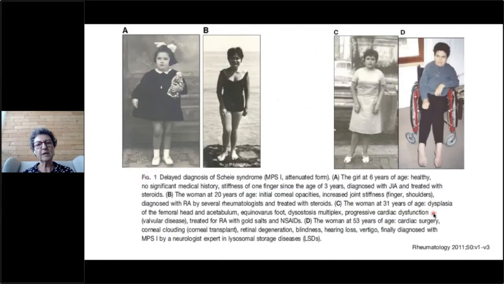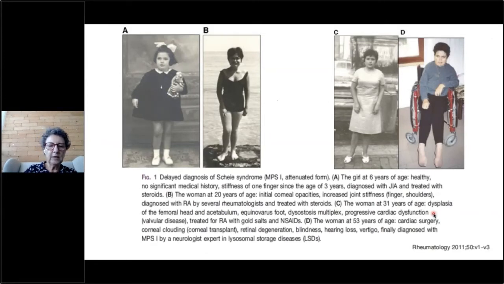And here is an example of a girl: delayed diagnosis of Scheie syndrome, the attenuated form of MPS I. At 6 years of age, the girl was healthy with no significant medical history, with stiffness of one finger since the age of 3 years, diagnosed with juvenile idiopathic arthritis and treated with steroids.